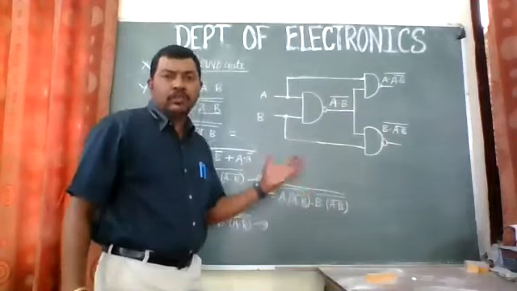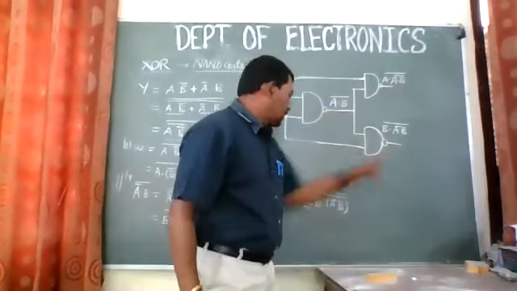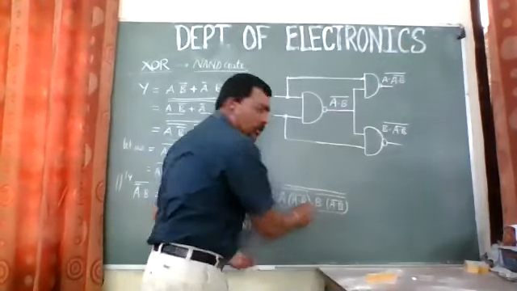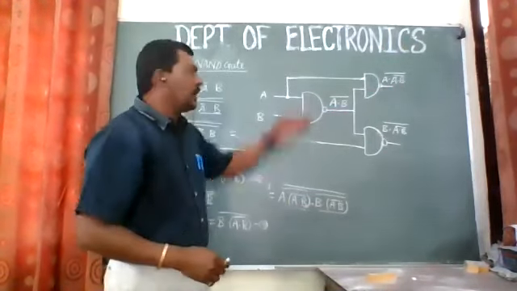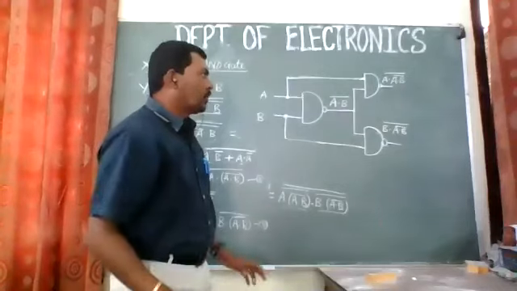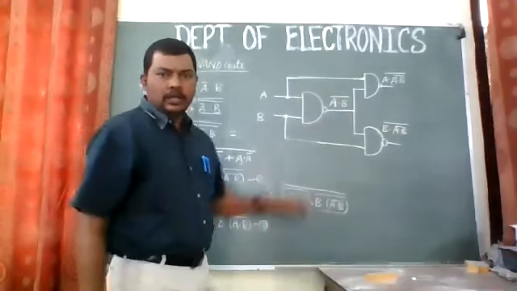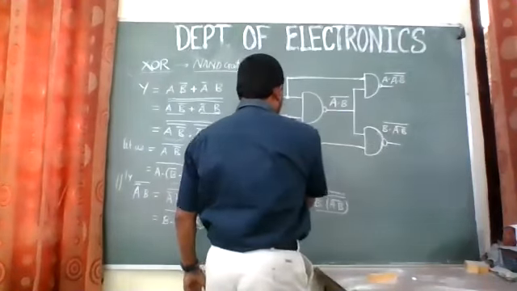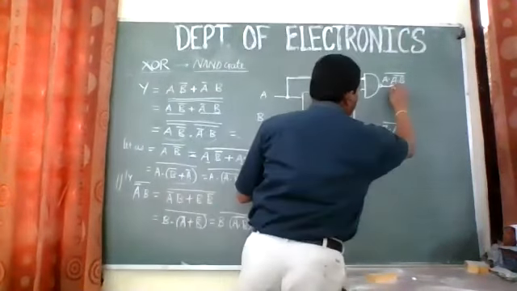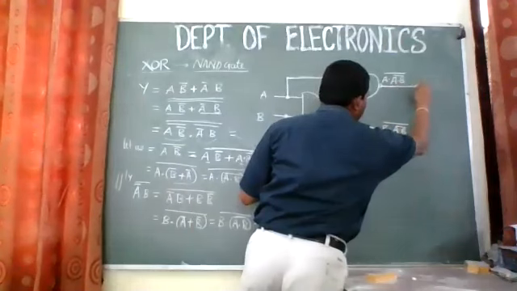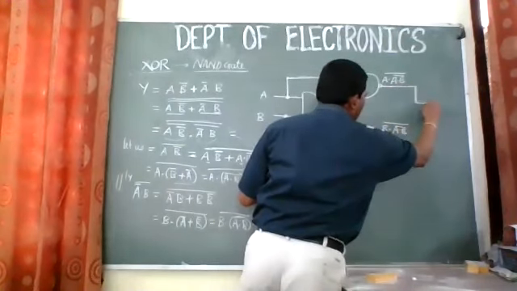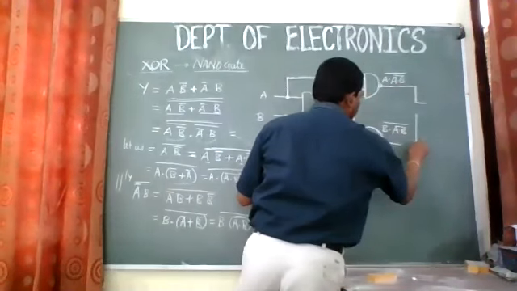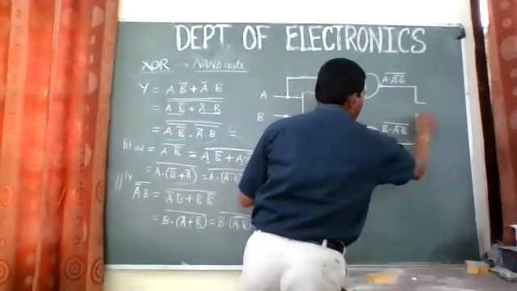Now what we need is to NAND these two further. This equation and this equation we NAND further so that we get the output Y over here. So for that, let us add another NAND gate at the output. At the end I give these outputs to this another NAND like this.